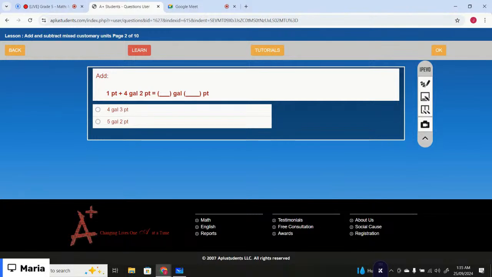The correct option is 4 gallons and 3 pints. Option number 1 is the correct option, right?